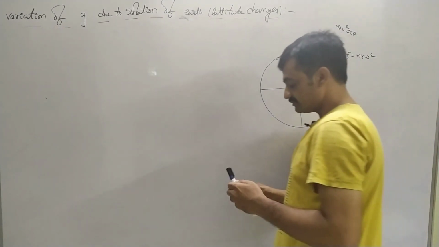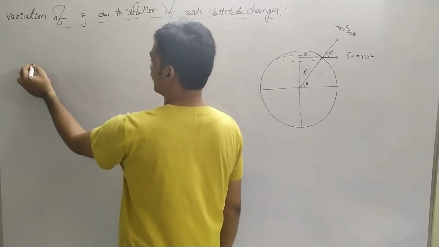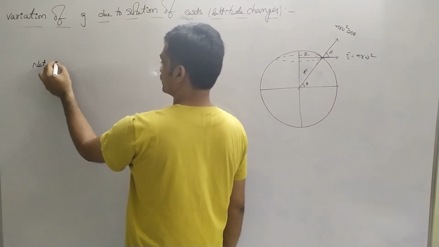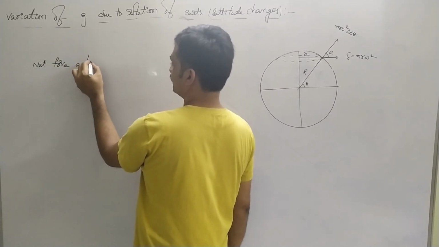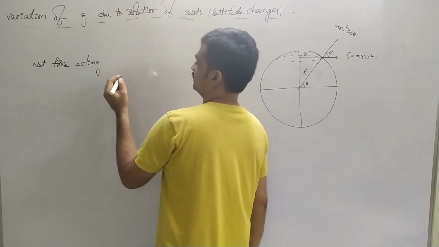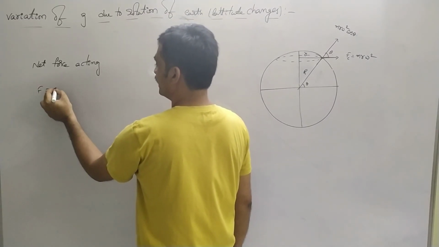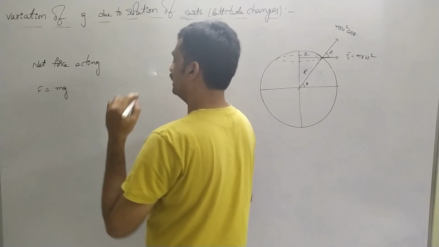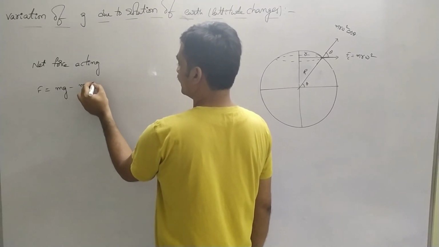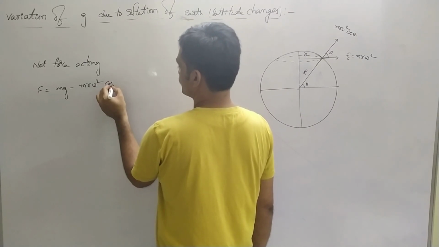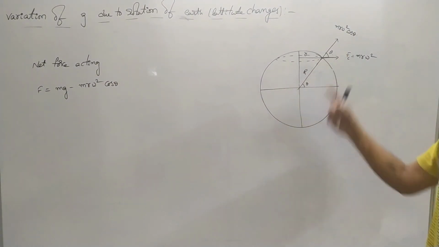Then the net force acting along this direction is given as F equal to weight acting on the body minus m r omega square cos theta.